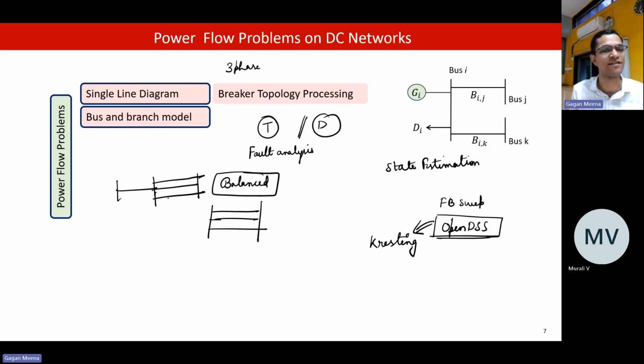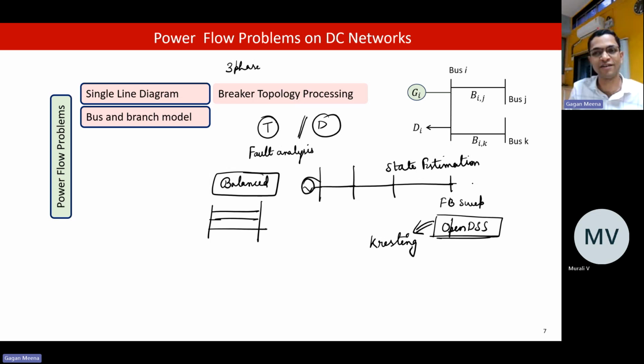This will never happen in transmission system, but in distribution system this can happen. If you have a source bus here, then there are different feeders, then laterals. In laterals it is possible that this is a single phase load, then this can be a three phase load.